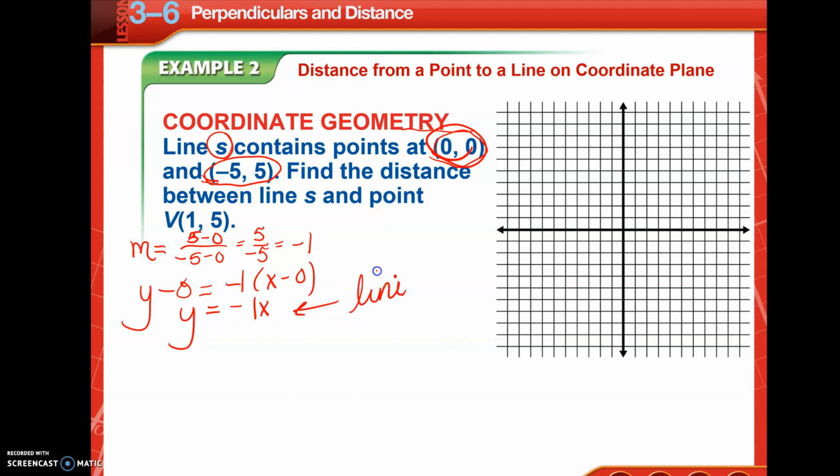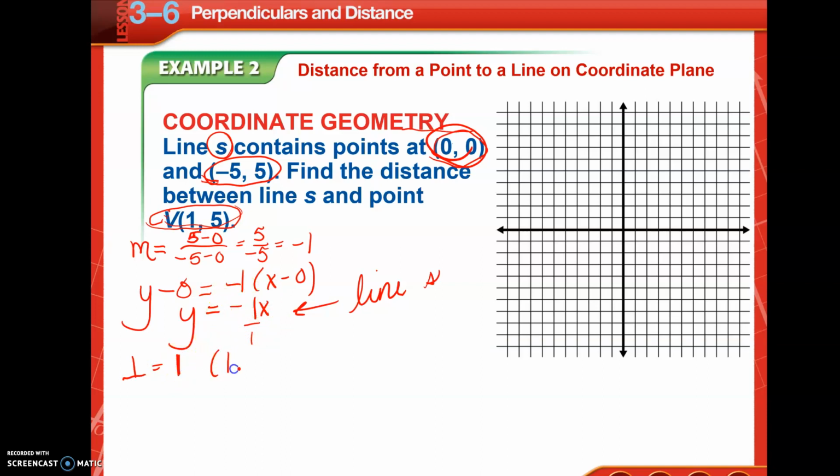Again, I'm showing you first algebraically how to do that. And so we are going to make a line that goes through this point and is perpendicular to this, because perpendicular is the true distance. So now we have to figure out the slope of my line that goes through this point that is perpendicular to it. So my perpendicular slope is, remember, we flip it and change the sign. So it'd be 1 over 1 positive, or just 1.